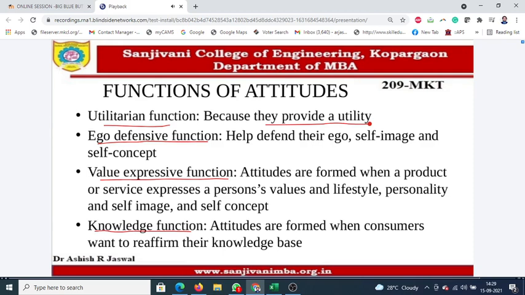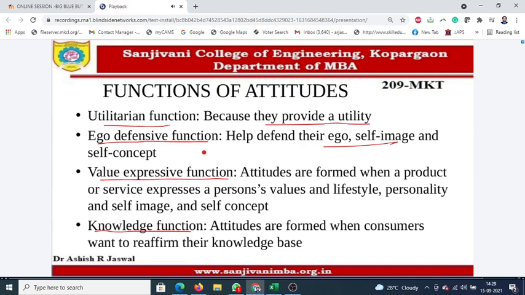Similarly, let us look at the second function. That is called as ego defensive function. What is ego defensive function? Here, consumers will form attitudes as they help defend their ego, self-concept and self-image.